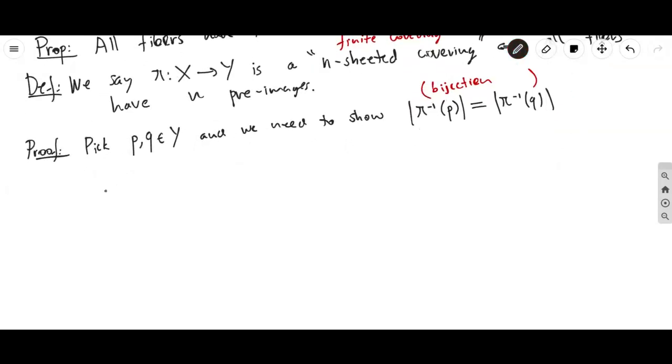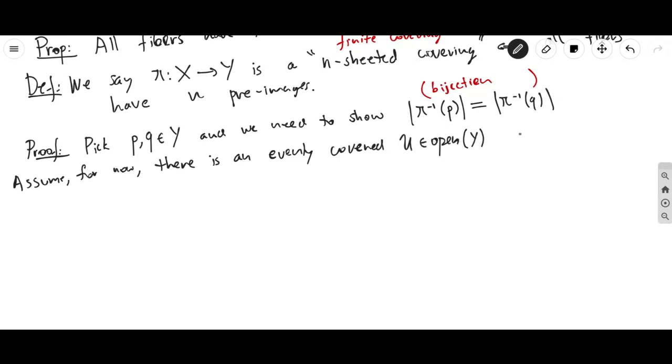So assume for now that there is an evenly covered open set U, so that P belongs to U and Q belongs to U. In general, that's not going to be true, because what you're saying is, to draw a picture, this is P, this is Q, and in general, you have an evenly covered neighborhood for this one, and you have an evenly covered neighborhood for that one, but they will usually be different evenly covered neighborhoods.